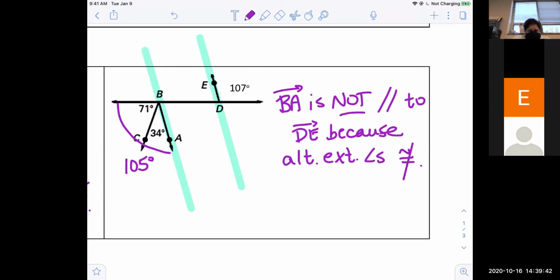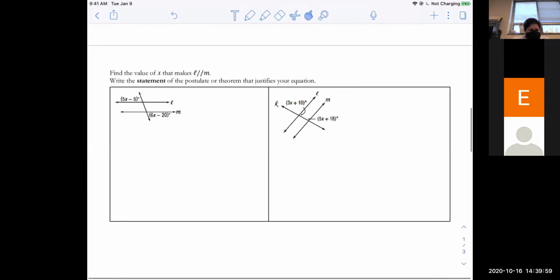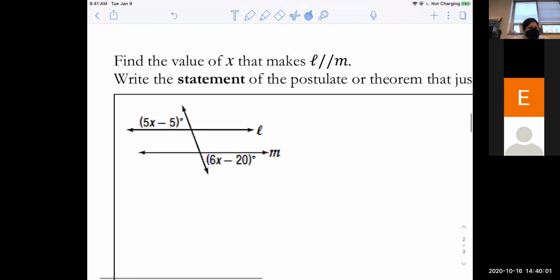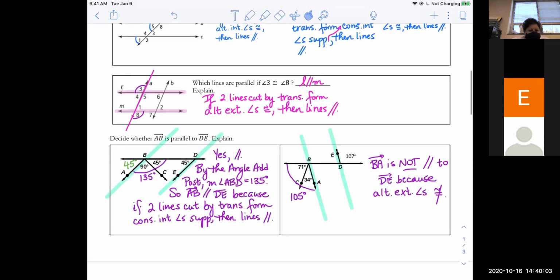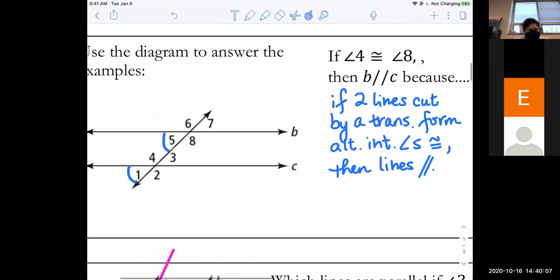So just like you can write equal and not equal, you can write congruent and not congruent. If you want to write the word not, that's okay. But this is valid notation for saying not congruent. All right. So you're going to see problems on your homework that will ask you things like, angle 4 is congruent to angle 8, why are B and C parallel?